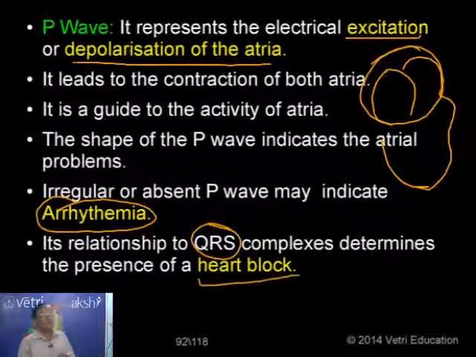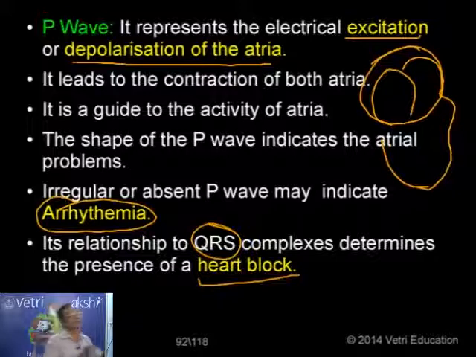There is a relationship between the P wave and the QRS complex, and doctors make use of the relationship between these two and conclude that if there is any deviation from the normal condition, that person is having some sort of heart block. Heart block means failure in conduction of electrical impulses from the SA node to different parts of the heart. So that is about the P wave. It is because of depolarization of the atria, and it is a guide for atrial activity. These are the two points we will remember.